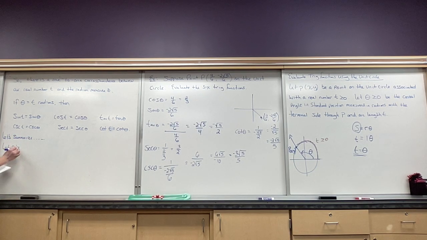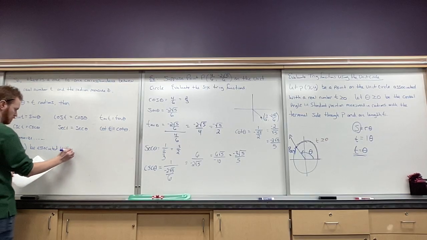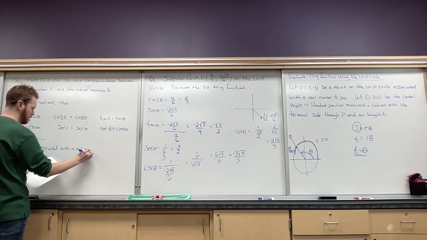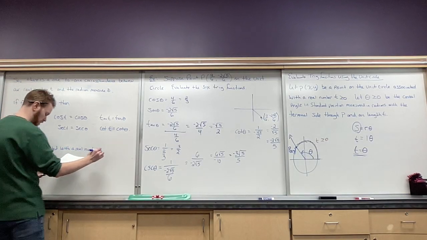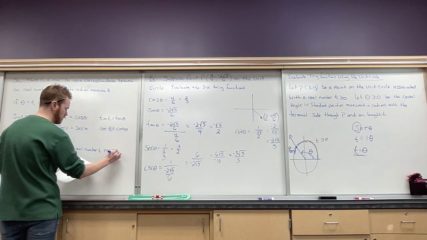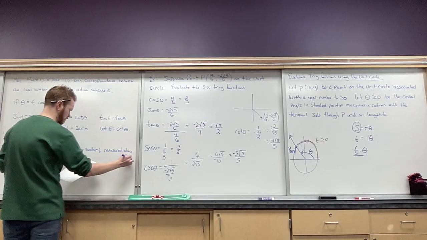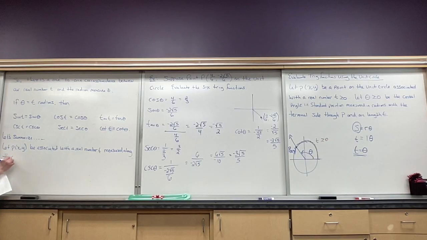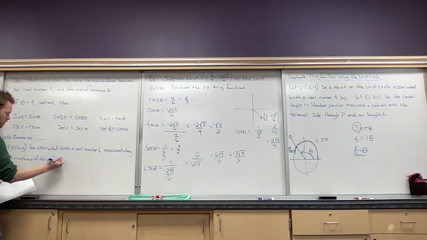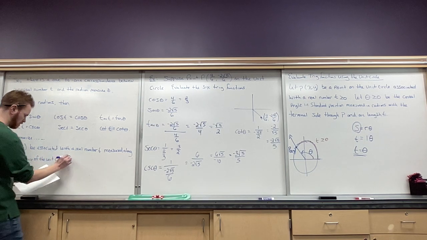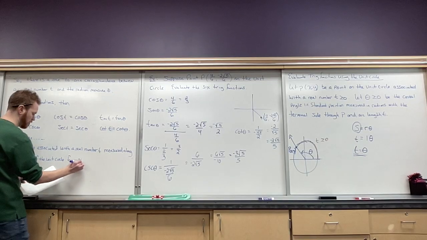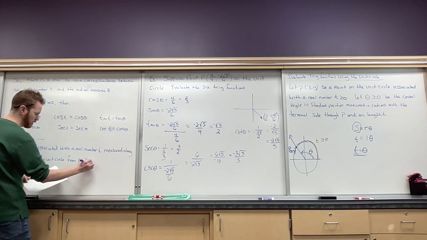So let P be some point associated with a real number t measured along the circumference of the unit circle from point (1, 0).